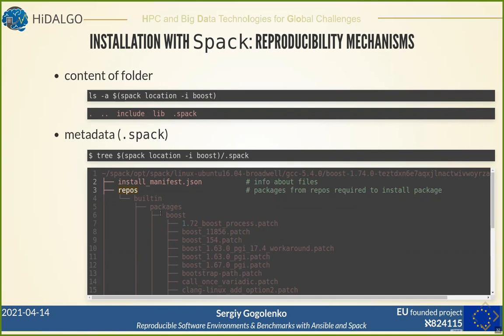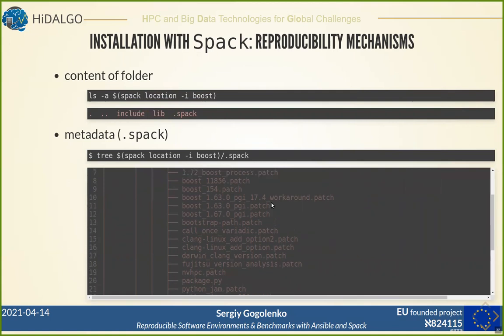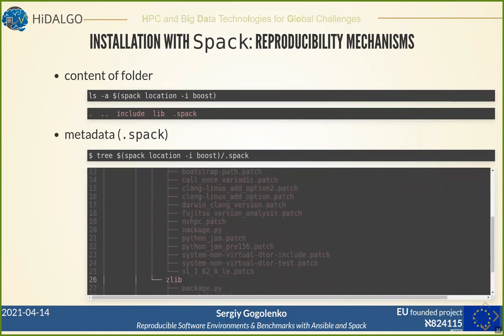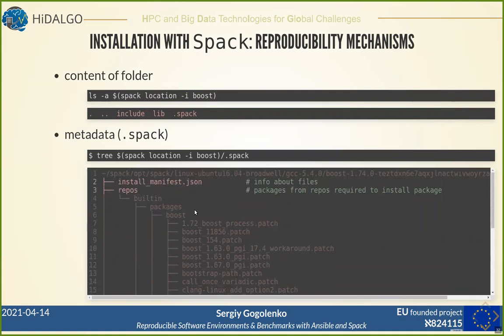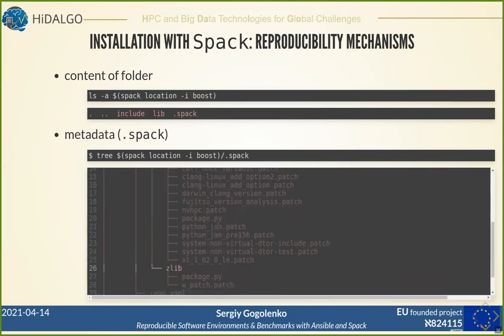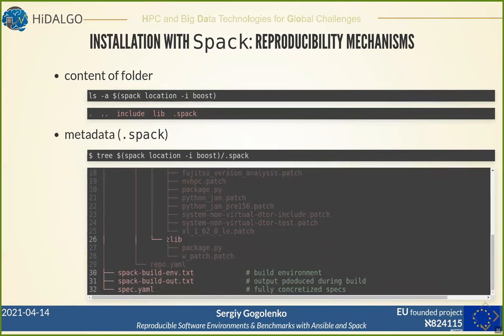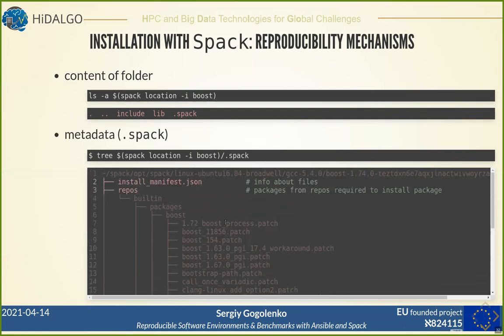For example, if you take a look here, you will see that it contains package.py for the Boost dependency. It contains package.py for zlib and all the patches which were used along with these package.py files.